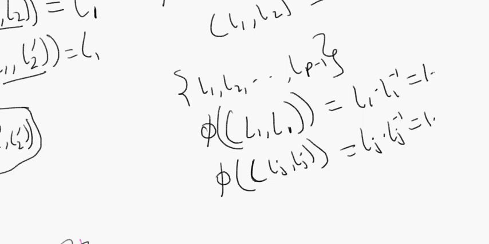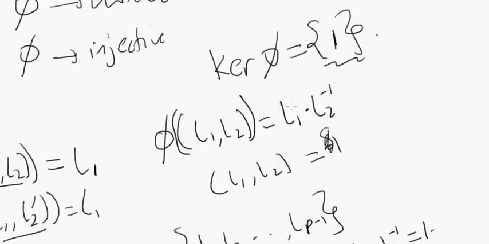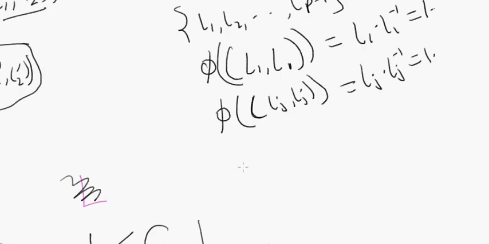So question, is the kernel of phi just going to be the identity element? Aren't there p elements, p ordered pairs which are going to give us the identity when we apply phi to them, right? So can we conclude the following, that the kernel of phi does not equal the identity?